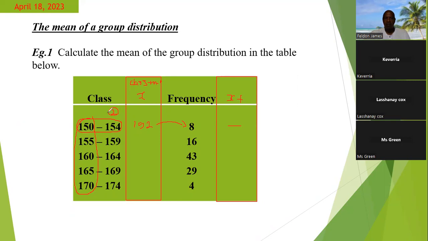So 150 plus 2 gives you 152. 155 plus 2 gives you 157. 160 plus 2 gives you 162. 165 plus 2 gives you 167. 170 plus 2 gives you 172.